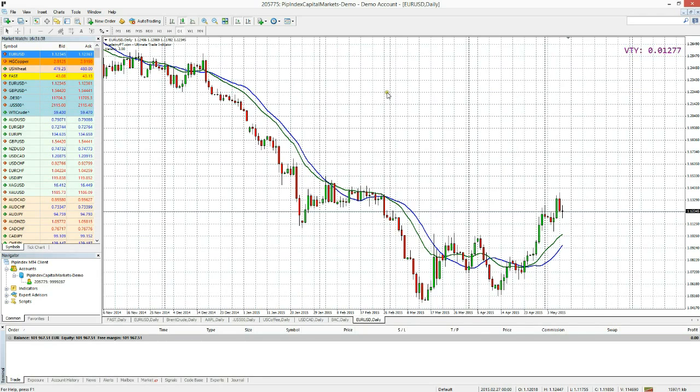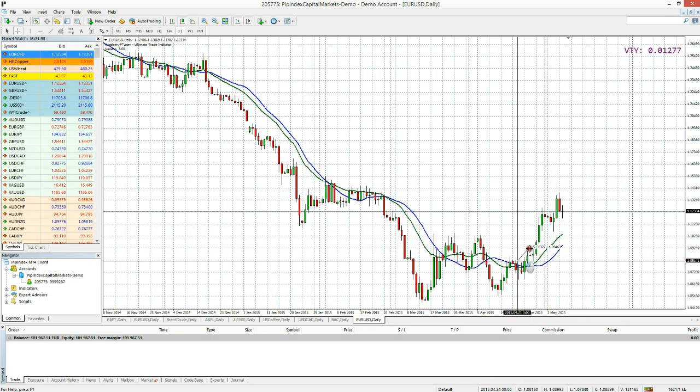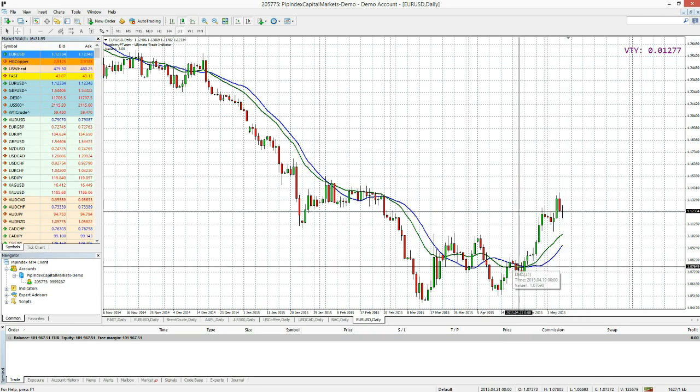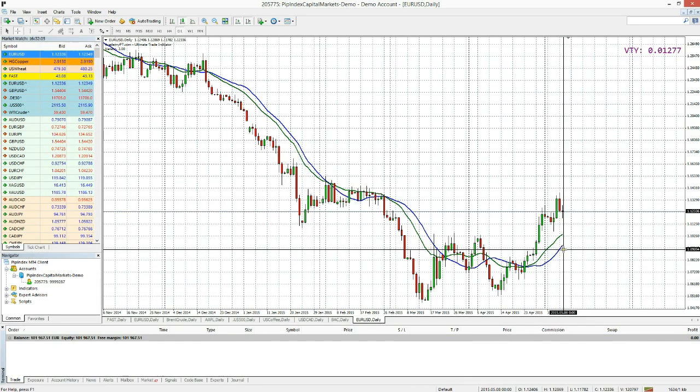Now in front of us we're looking at a daily chart of Euro US dollar. In green is the exponential moving average over a 21-day period. In blue is the simple moving average over the same period. Can everybody see exactly what's happening, particularly in this recent region where we've seen a bullish move on this chart? Can we see how the exponential moving average has adjusted to the price uptrend quicker than the simple moving average?